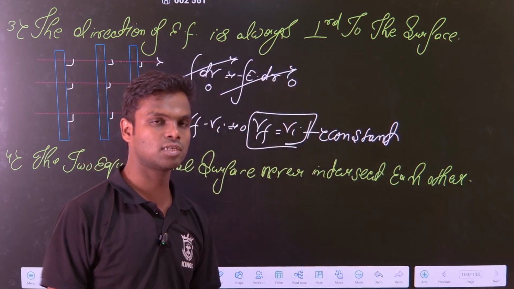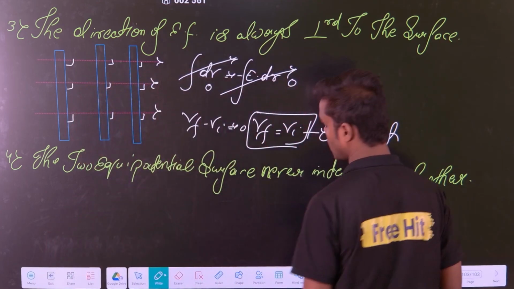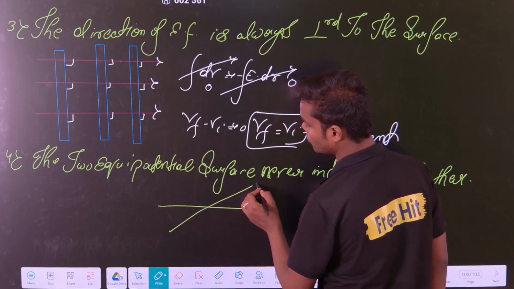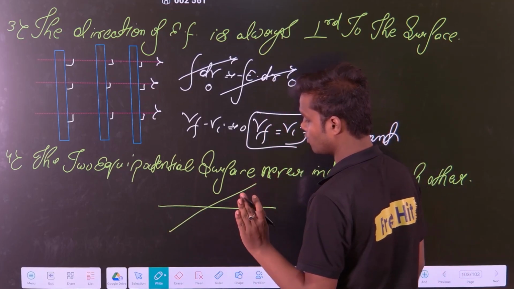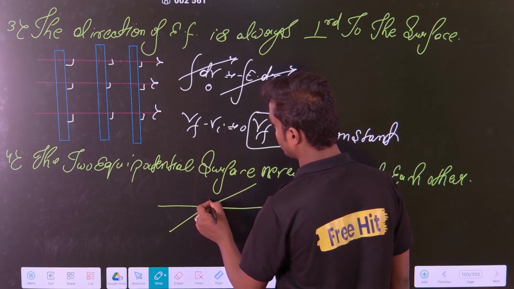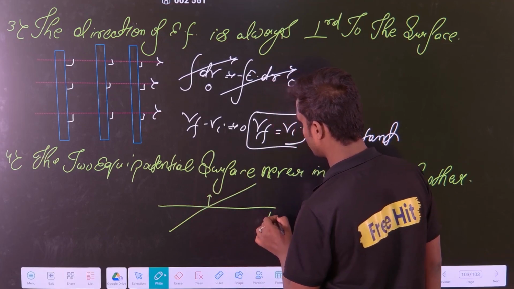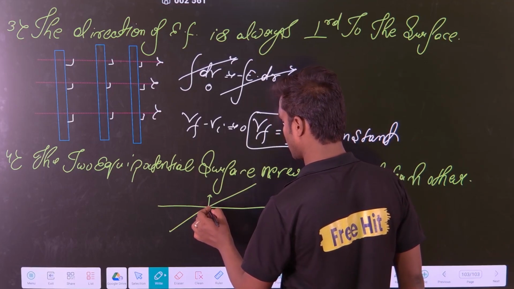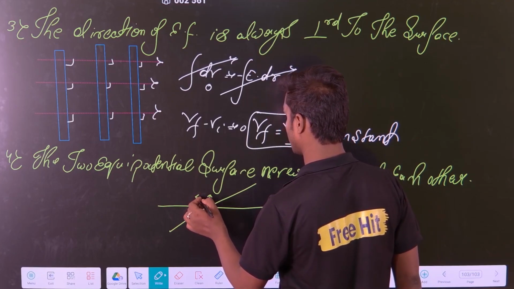If they intersect each other, then what is the problem, sir? Suppose I have one equipotential surface like this, and another equipotential surface like this. At this point, the electric field should be like this for surface one, and for the second surface the electric field should be like this, because it should be perpendicular to the surface.